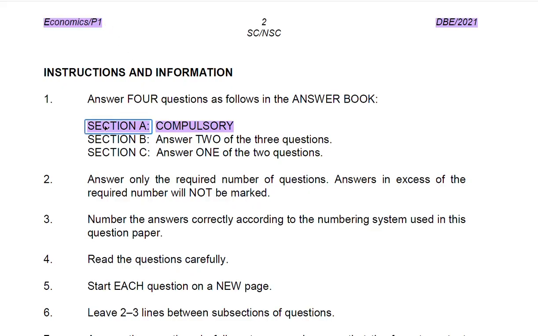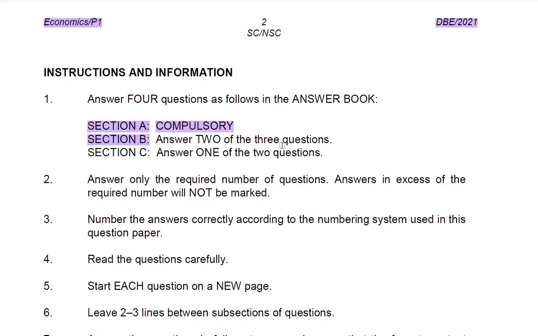We've completed section A, questions 1.1 to 1.3. If you'd like to look at section A, please look at the previous video that I've posted. Our main focus now will be on section B.